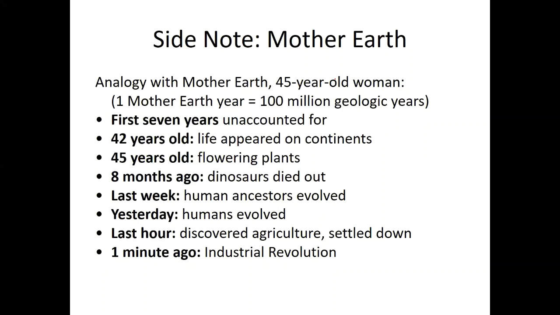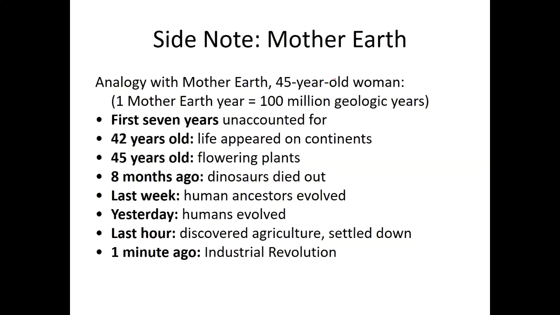When she's 42 years old, life comes out of the oceans onto the continents. She's 45 years old, so within the last year, flowering plants evolved. 8 months ago, the dinosaurs went extinct. Last week, our ancestors, not us, our ancestors evolved. Yesterday, our species evolved. In the last hour, we discovered agriculture and civilization, and settled down.